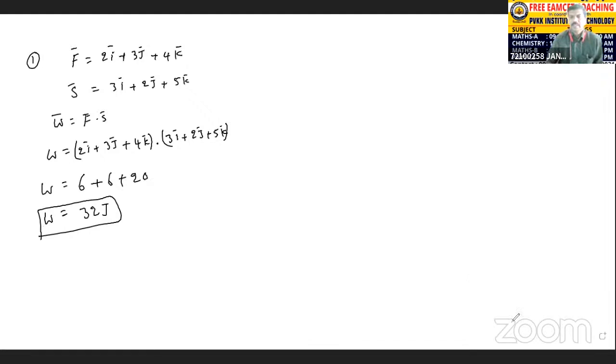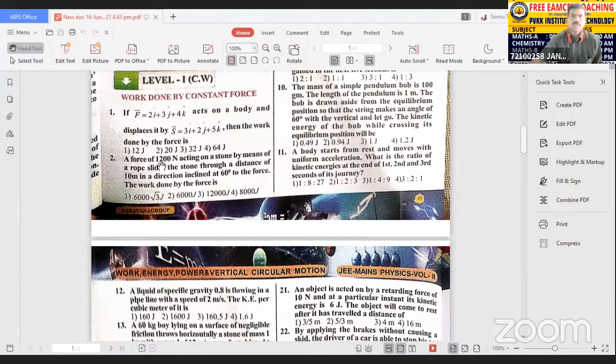Next problem, second one. A force of 1200 Newton acting on a stone by means of a rope slides the stone through a distance of 10 meter in a direction inclined at 60 degree to the force.